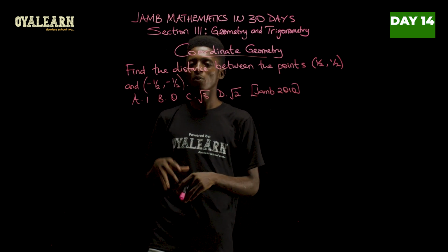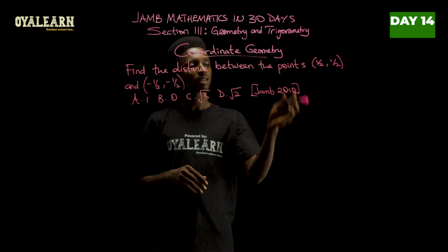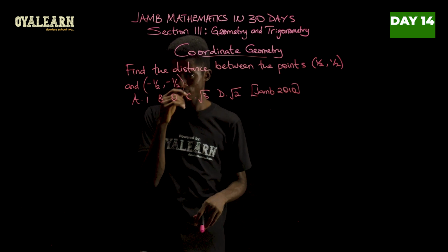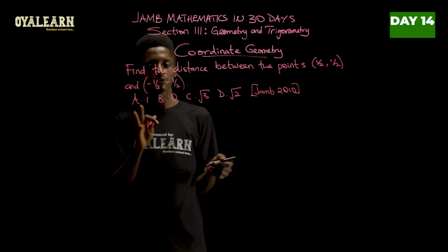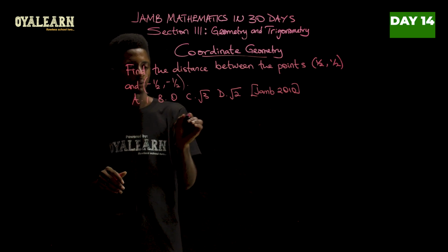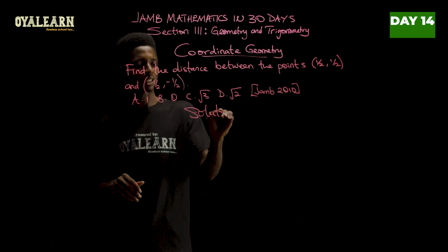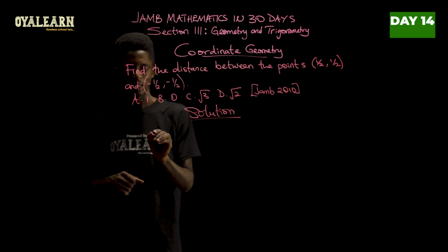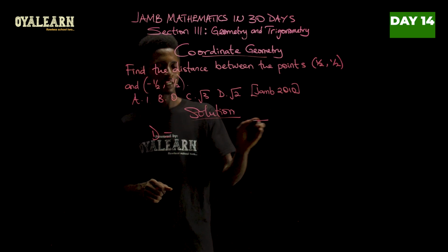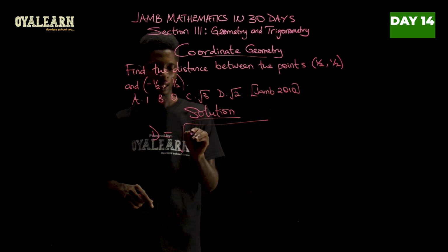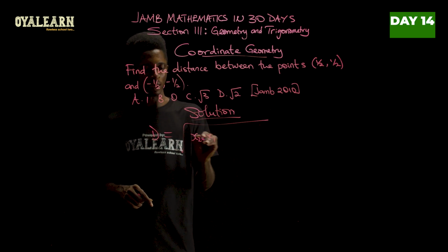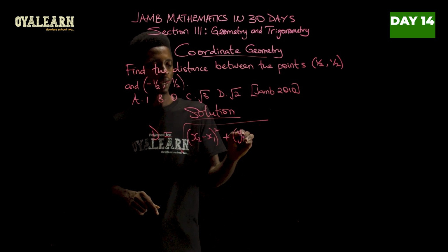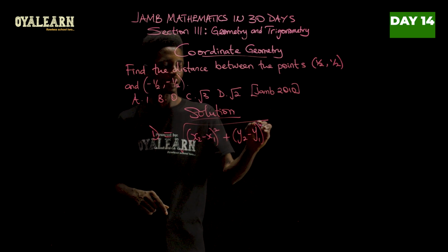This question asks that we find the distance between the points half comma half and negative half comma negative half. Now, in order to find this, this is what we do. There's an equation you use to find the distance between 2 points. Now, the distance d is given as the square root of x2 minus x1 in bracket squared plus y2 minus y1 also in bracket squared.